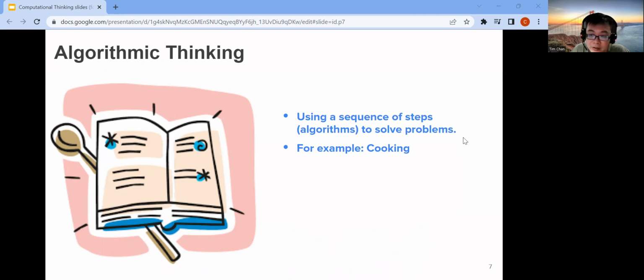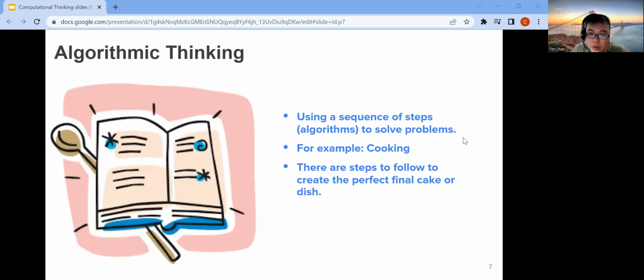This makes use of algorithmic thinking. There are steps to follow in order to perfect the final cake or the final dish. When cooking is concerned, you need to follow the recipe step by step to ensure the ingredients are prepared in the right order and at the right timing.